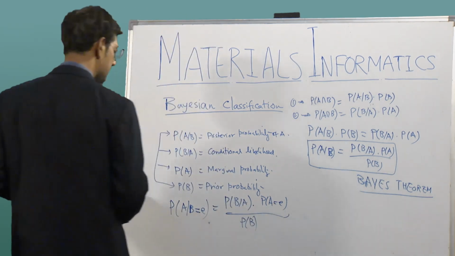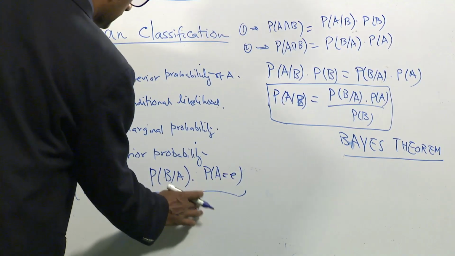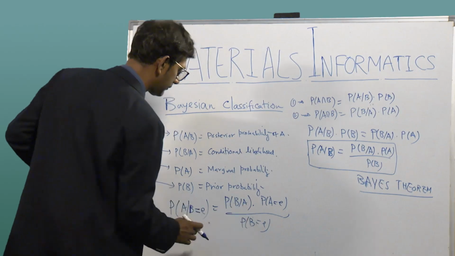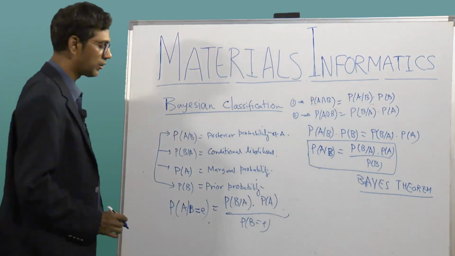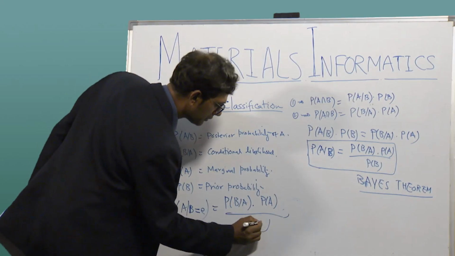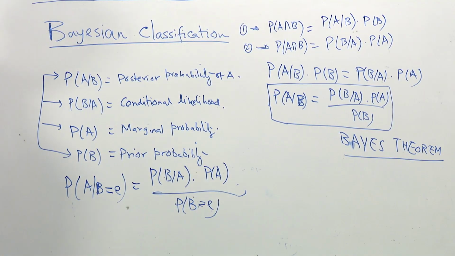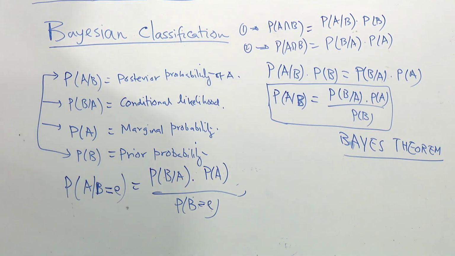That is what the equation is, right? It will look like this, just for a particular event E, or an event with a value E.